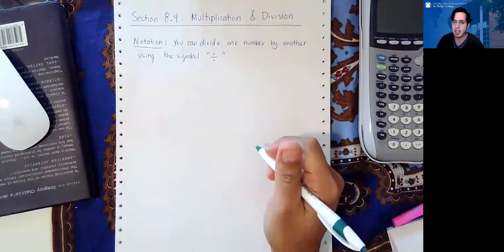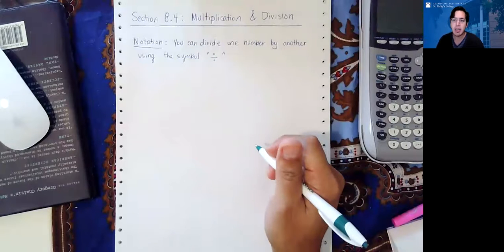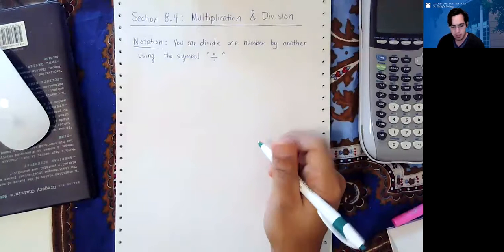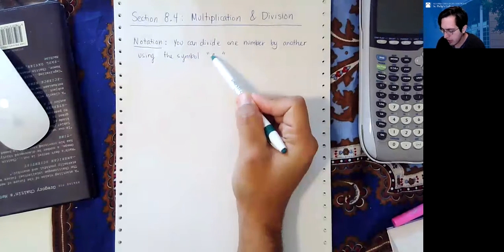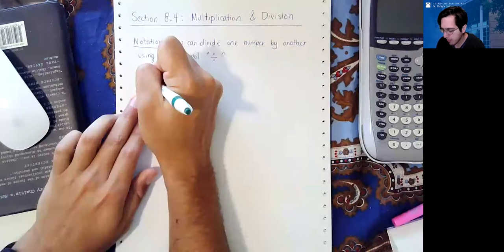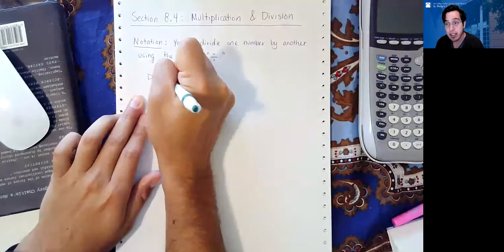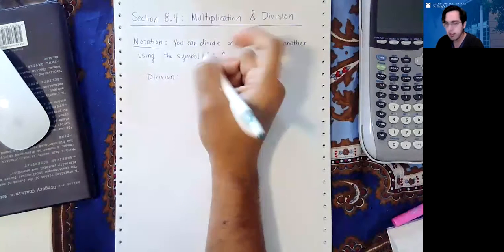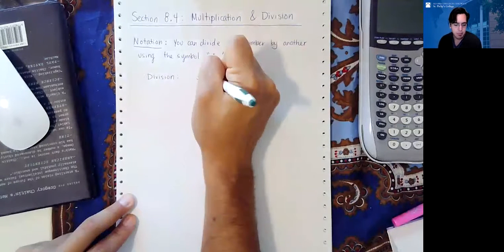But I highly doubt that that's the only way that you've seen division, because you have technology. And when you divide in the calculator, sometimes it doesn't give you this symbol. So division can also be written differently. Obviously, if we had an example like 3 divided by 2, you could write it like this, and you would read it as 3 divided by 2.